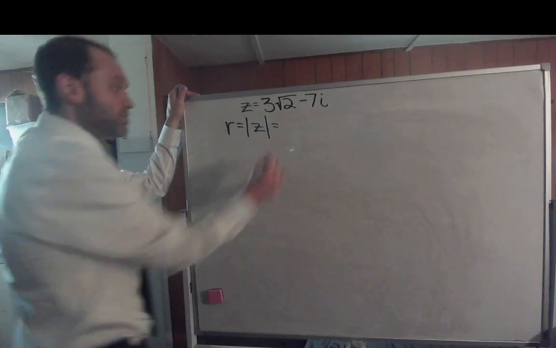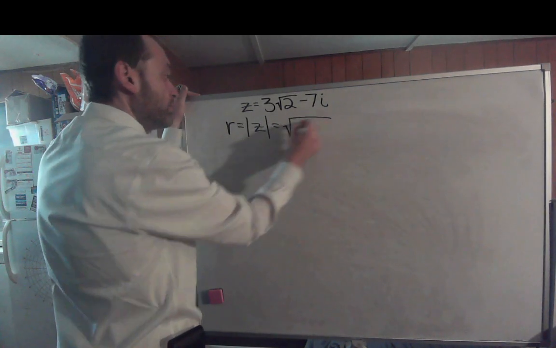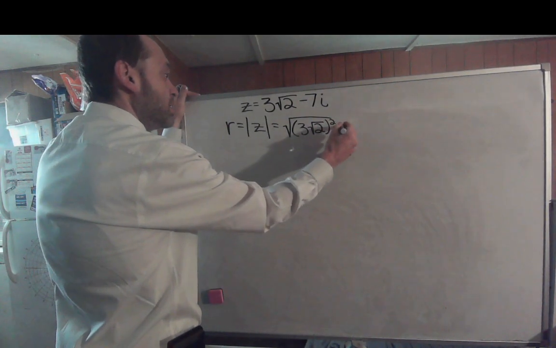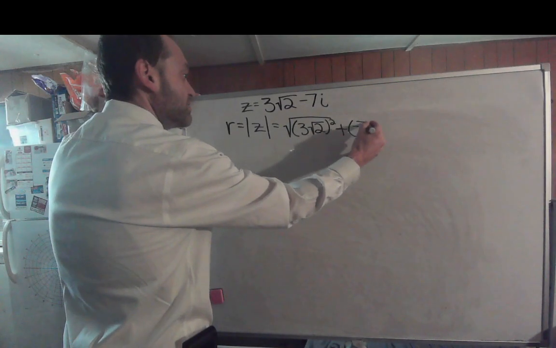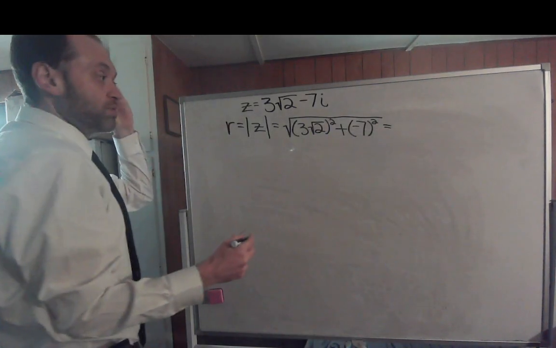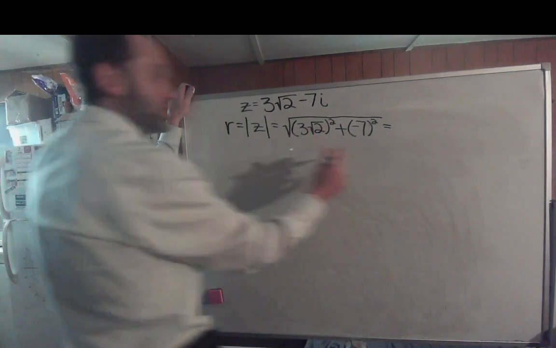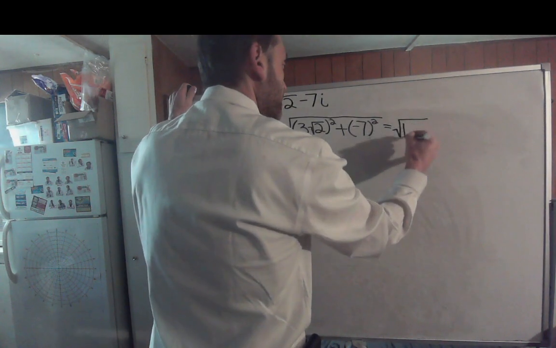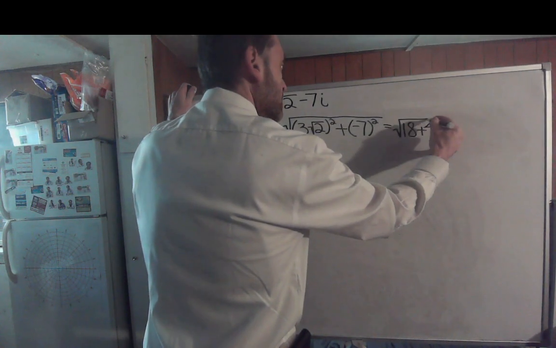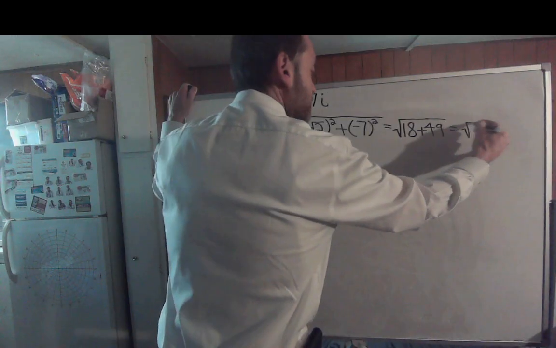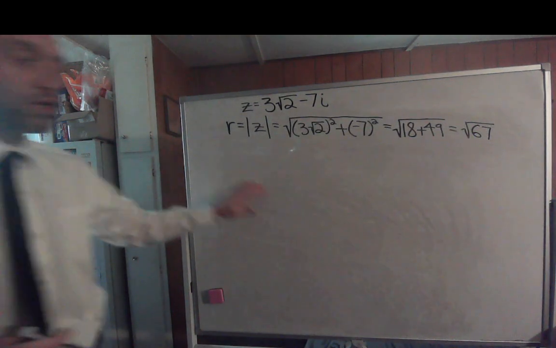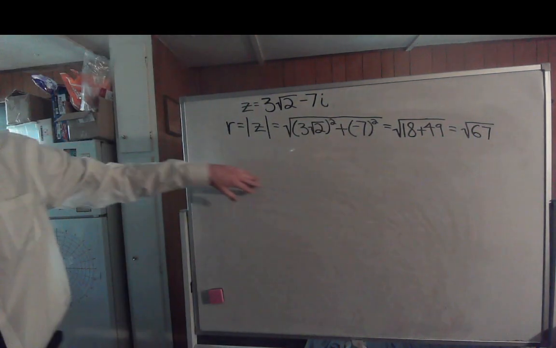So that's going to, of course, be the square root of the quantity of 3 times the square root of 2 squared plus that negative 7 squared. Alright, so 3 squared is 9 times 2 is 18. This would turn into the square root of 18 plus 49, which would simply give you the square root of 67 with no further way to reduce that. So your r is going to be the square root of 67.